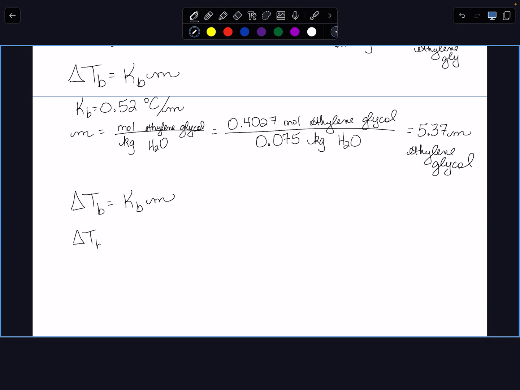We're solving for our change. What's KB? We looked that up earlier. 0.52, yeah. The molality is 5.37. What do y'all get? 2.79 degrees Celsius for the delta TB.